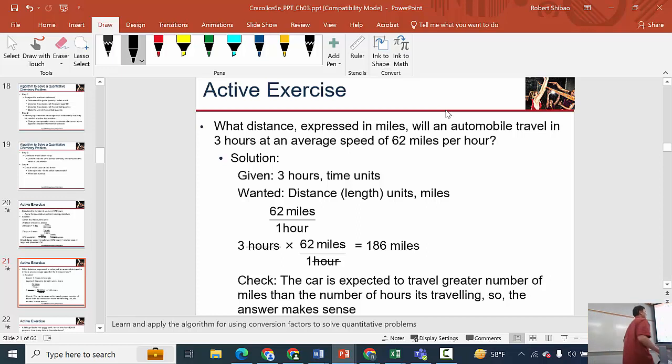Now, if I want to go to kilometers, I'll need something that gets rid of miles and converts it to something else. Let's actually do that here. I want to go to kilometers.